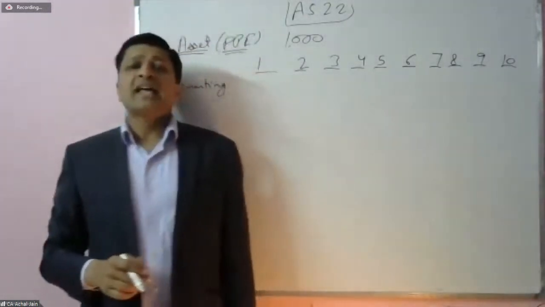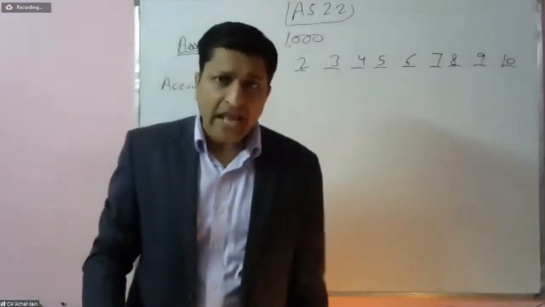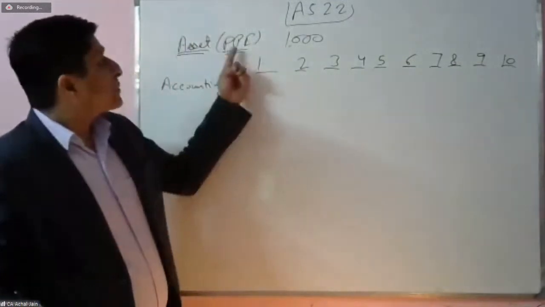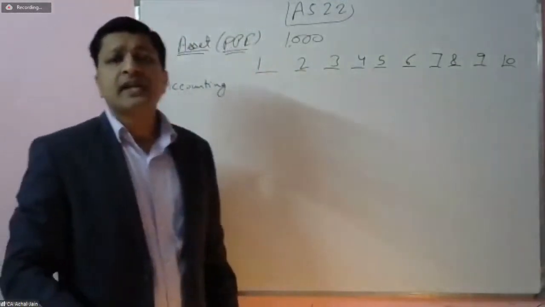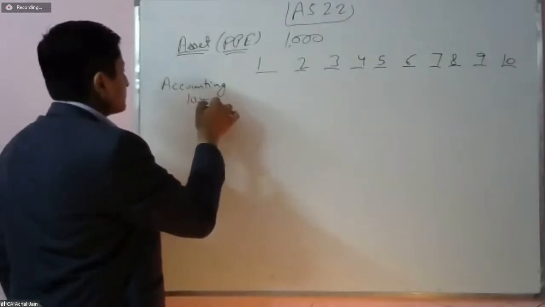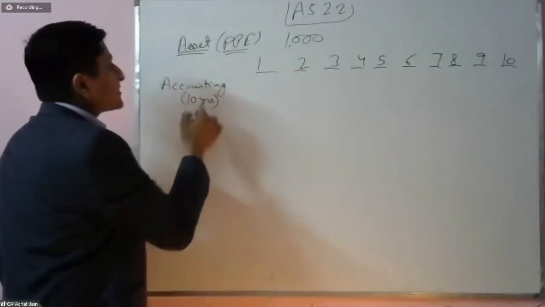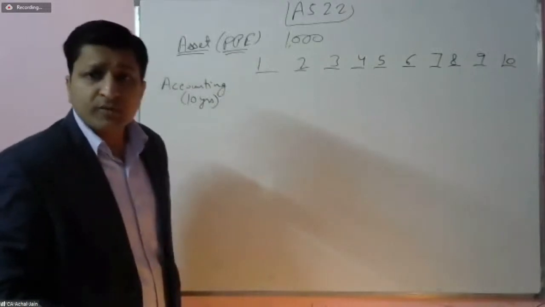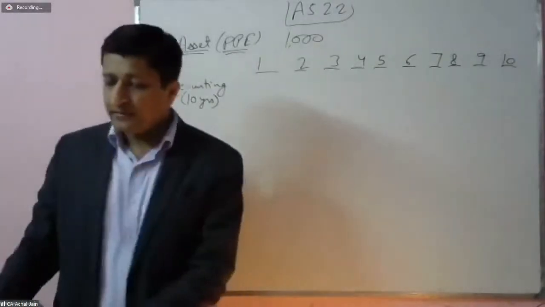Let's suppose as per accounts, as per books of accounts, the life of this PPE has been considered as 10 years. So what is going to be the depreciation charge every year?